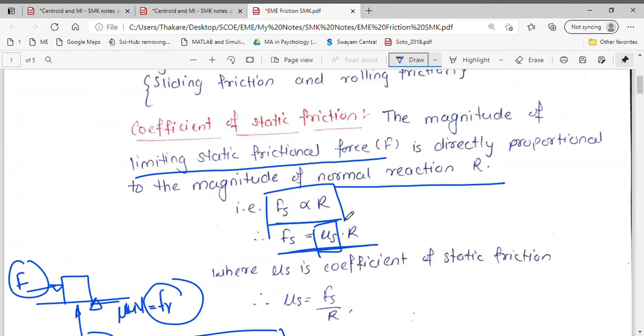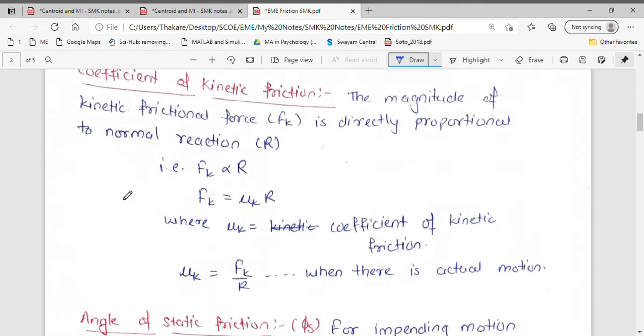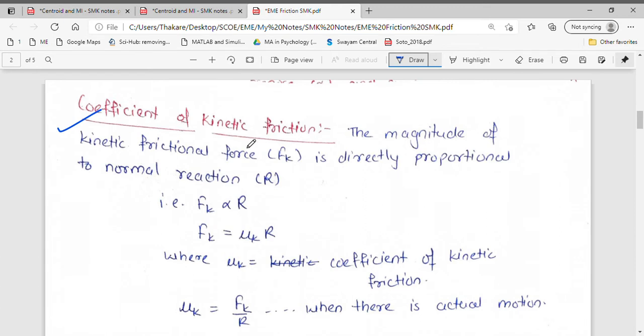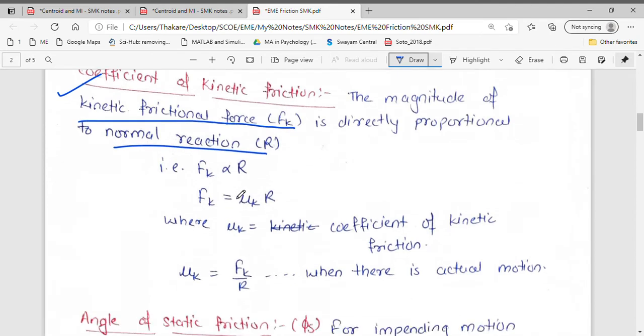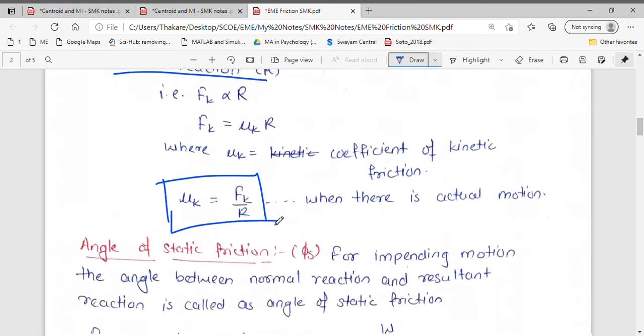In other words, you can describe the coefficient of static friction as the ratio of the limiting static frictional force to the normal reaction R. Similarly, what will be the coefficient of kinetic friction? The coefficient of kinetic friction is given as the ratio of the kinetic frictional force Fk and the normal reaction R. So that is your coefficient of kinetic friction.